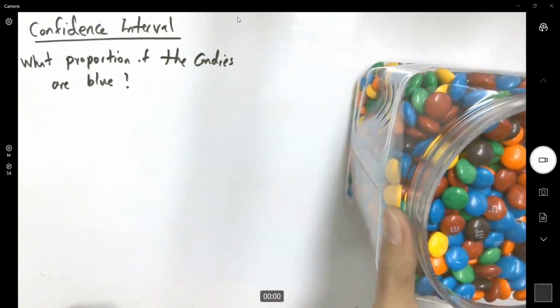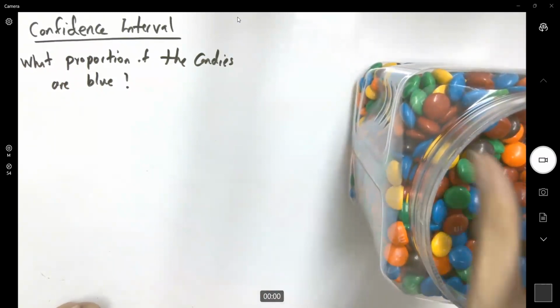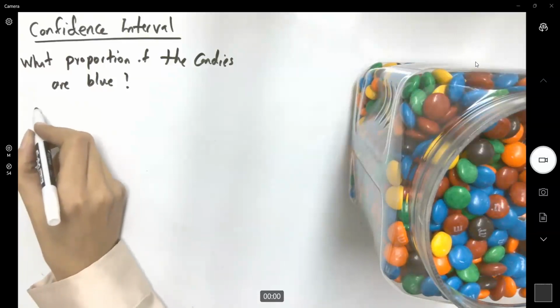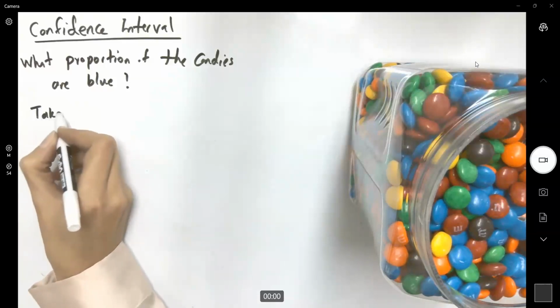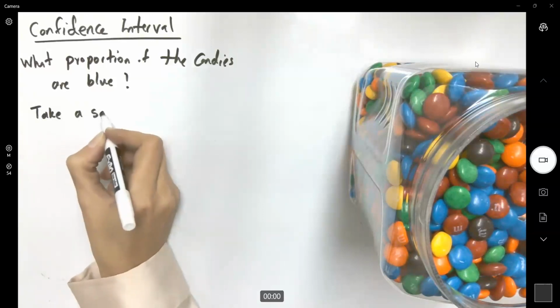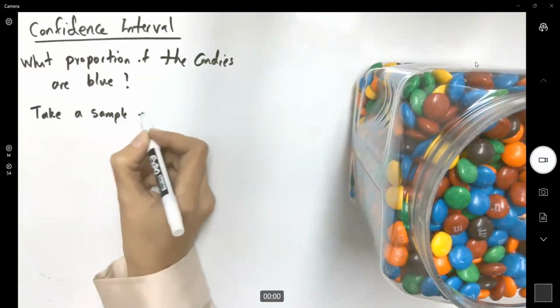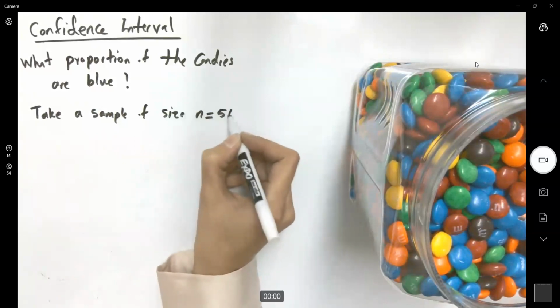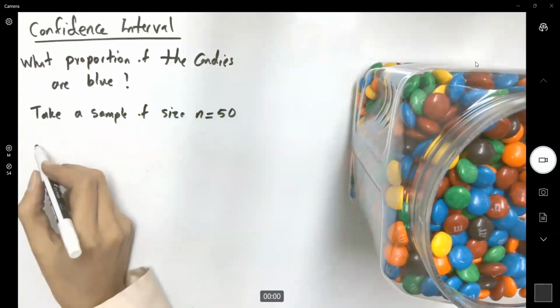So what statisticians do is take random samples of a specific size from this population. So first, take a sample, for example, of size n equals 50.